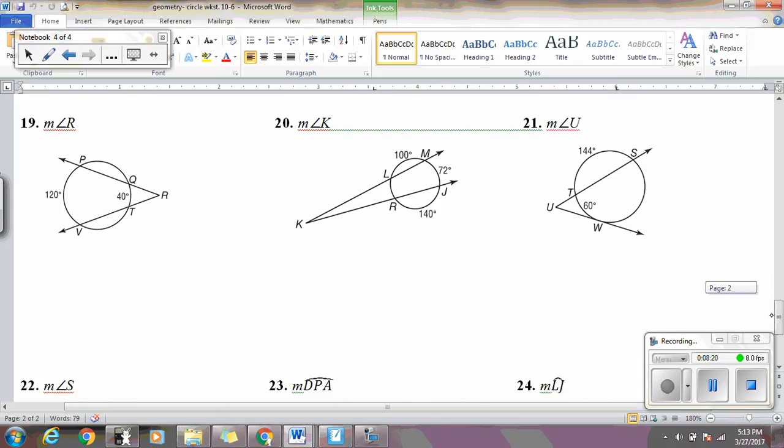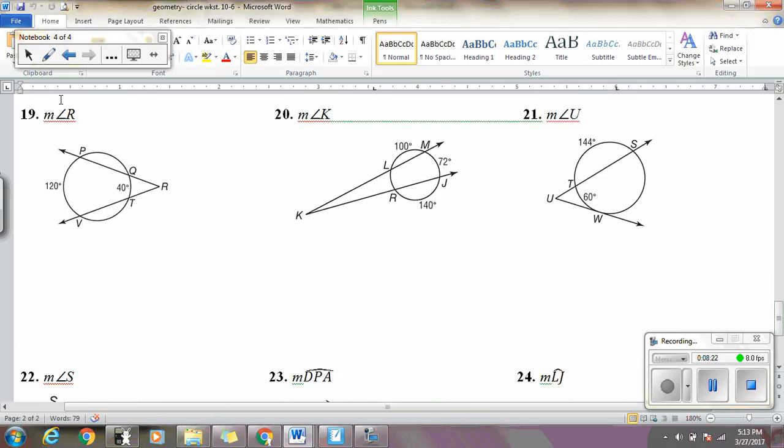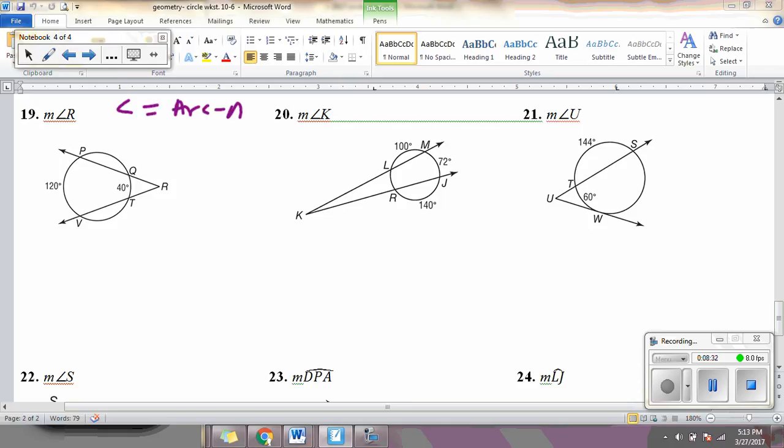All right, number 19. We're looking for angle R. Angle R is outside the circle. So the outside formula is angle equals arc minus arc divided by 2. So the measure of angle R is going to equal the measure of arc PV, because it's the bigger arc, minus arc QT divided by 2.